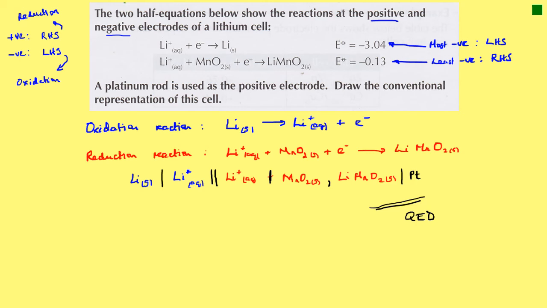And for our reduction reaction, our reactants are lithium ion, manganese oxide, and our product of the reduction reaction is lithium manganese oxide.